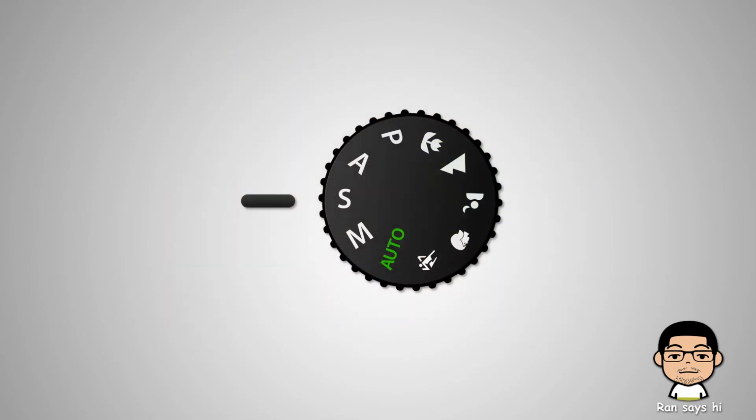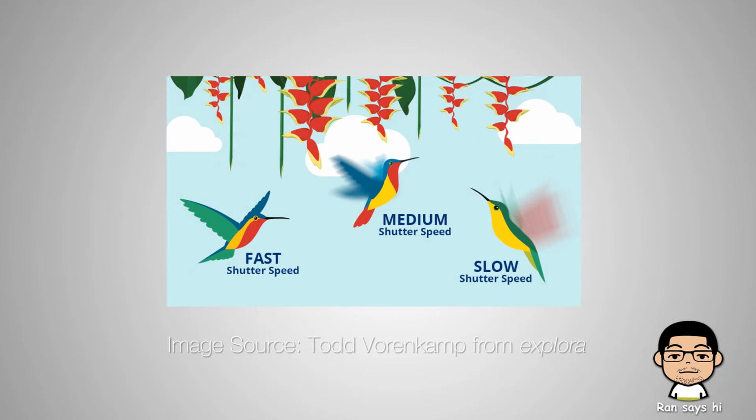In S mode, the S stands for Shutter Priority Auto. Comparing with the programmed auto mode, you have more control over your camera because now you can control how fast you want your shutter speed to be. By using different shutter speeds, you can have different visual effects on your pictures.